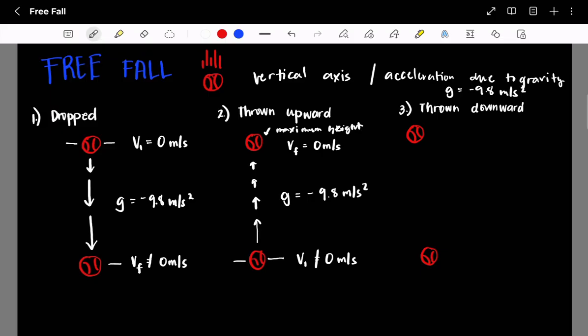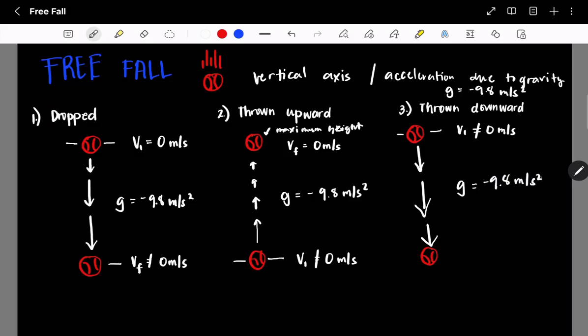Now the other case is a ball thrown downwards. There are instances that instead of dropping, you give the object an initial push as it falls down. In this case, at the beginning of its motion, the velocity initial will no longer be equal to 0 meters per second because there's an initial push. And just like in the first case, as the object goes down, its velocity will increase due to the acceleration due to gravity of the Earth.